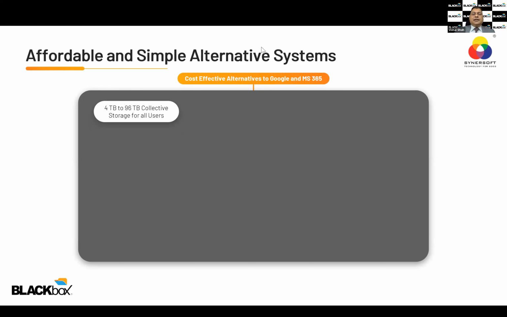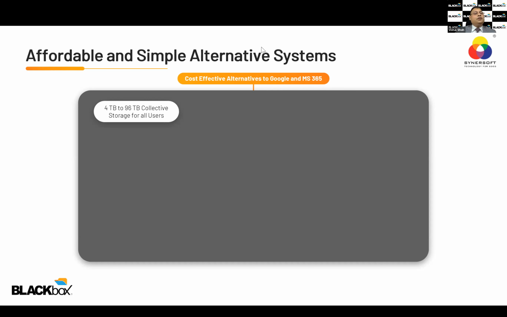So let us have a vision that instead of per user storage, we have full enterprise-wide storage, and users have different blocks accordingly. So 4 terabyte to 96 terabyte of collective storage for all the users. This is the first thing, which will overcome those limitations.